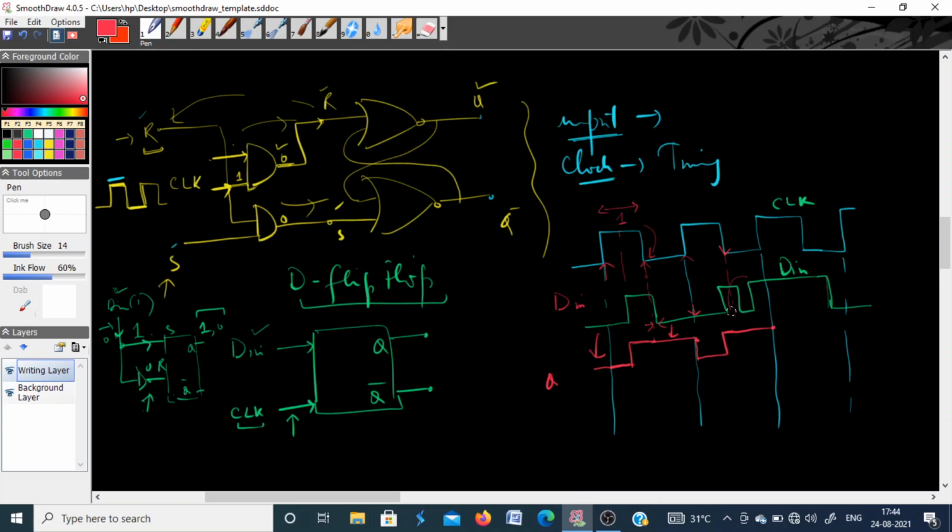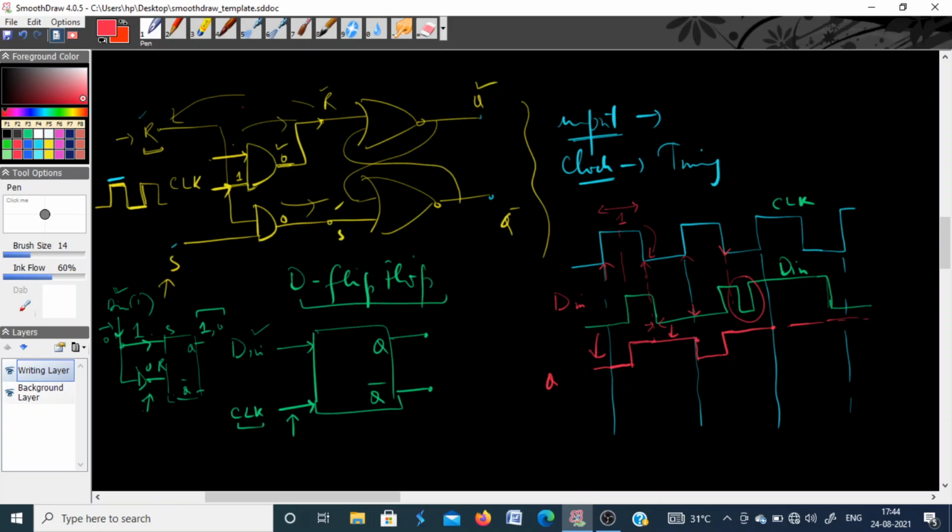And you can see in between there are many transitions. The input goes from 1 to 0, then from 0 to 1, but this will not make any change in the output because the clock is at logic 0. And so on. This is how you can plot the output. This is what is called a level triggered flip-flop.